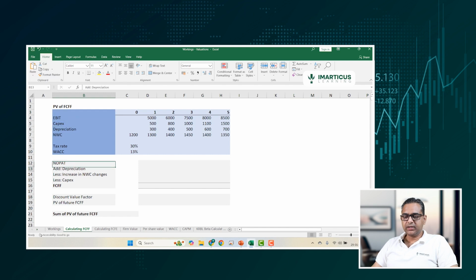So let's do it. First, we calculate NOPAT. NOPAT is nothing but net operating profit after tax. So EBIT into 1 minus tax rate. So this is net operating profit after tax. So let's calculate this.